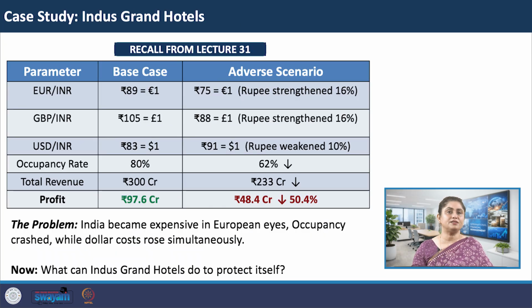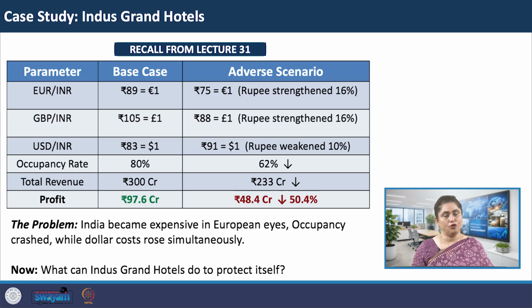Now let us revisit Indus Grand Hotels, the mid-size Indian luxury hotel chain we studied in lecture 31. You can recall that Indus Grand earns all its revenues in INR, that is Indian rupee.